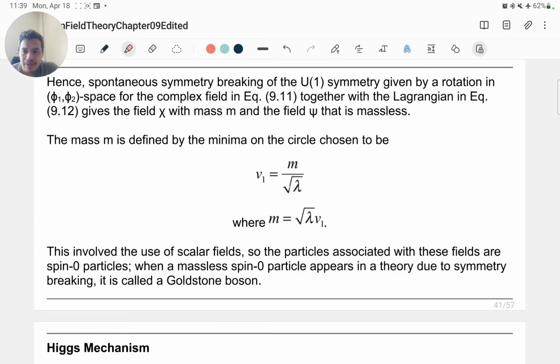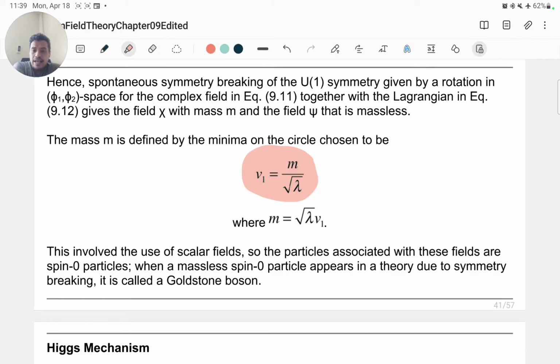The mass m is defined by the minima on the circle chosen to be initially chosen simply as m over square root of lambda, and so you can get m there to be square root of lambda times v1.